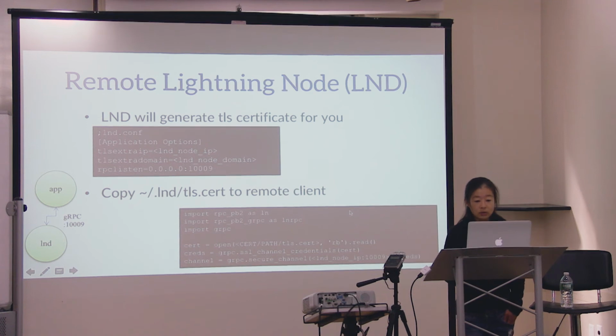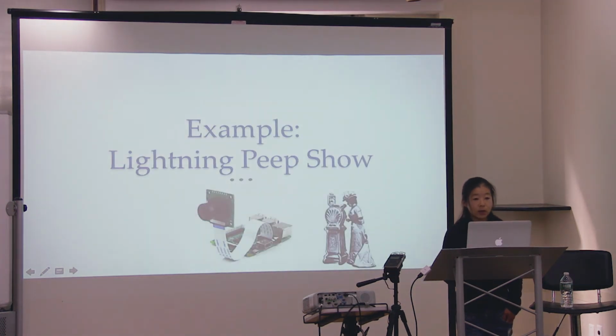Given that we can separate these things, I'll walk through a very simple, dumb example. What we're trying to do here is have the app be as mobile and light as possible, and the Lightning node and the Bitcoin node don't need to be on the same piece of hardware as our app.